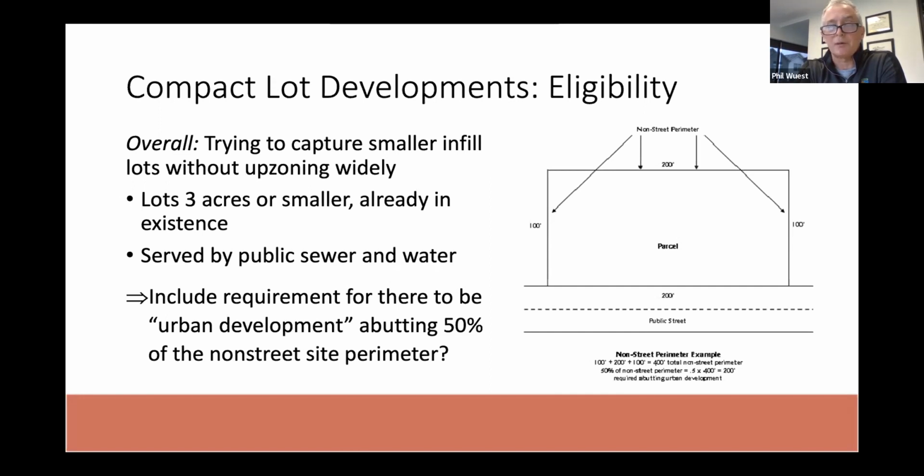What if you've got a 5-acre parcel and it's got a 1-acre wetland and 0.7 acres of buffer on it, and you want to double up density on the rest of it by doing a small lot development? With this code, you wouldn't be able to do that. So I think there needs to be some allowance. I don't know whether it's planning official discretion or you build some flexibility into the code, but at least on this slide, those are important considerations.